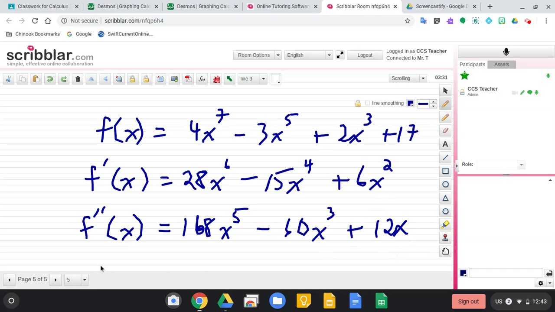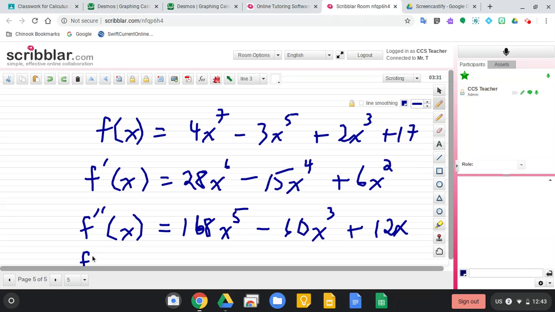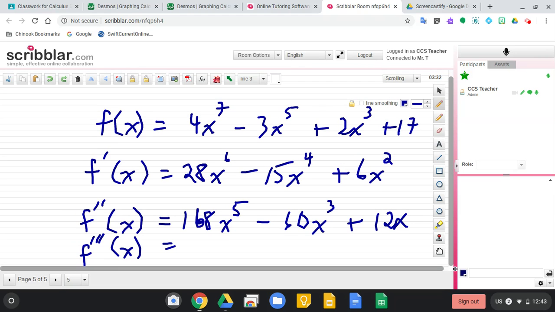And if I wanted to, I could actually take the derivative one more time. I could go f triple prime of x and just keep applying the power rule. So we can go f prime of x, f double prime, f triple prime, f quadruple prime. We can keep taking the derivative of the derivative of the derivative, and so on and so on.